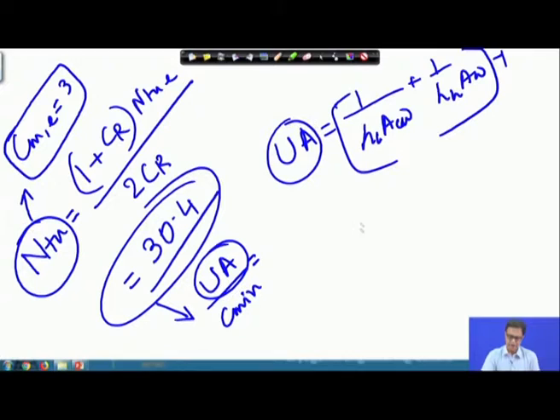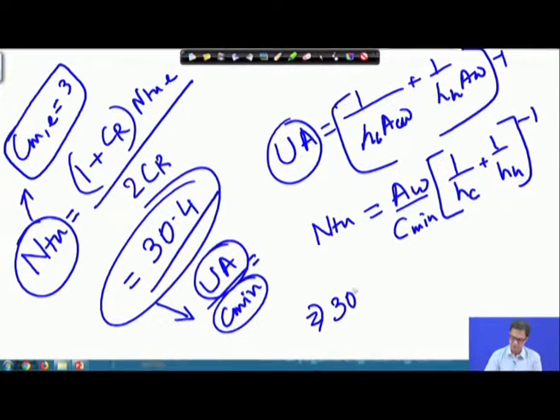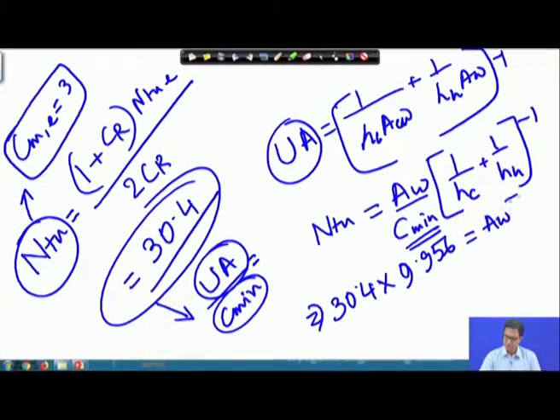So, UA by C mean is already known, and this will come out to be AW divided by 1 by HC plus 1 by HH whole to the power minus 1. Dividing by C mean, UA by C mean equals the NTU, that is 30.4 multiplied by the C mean value, which was 9.956.